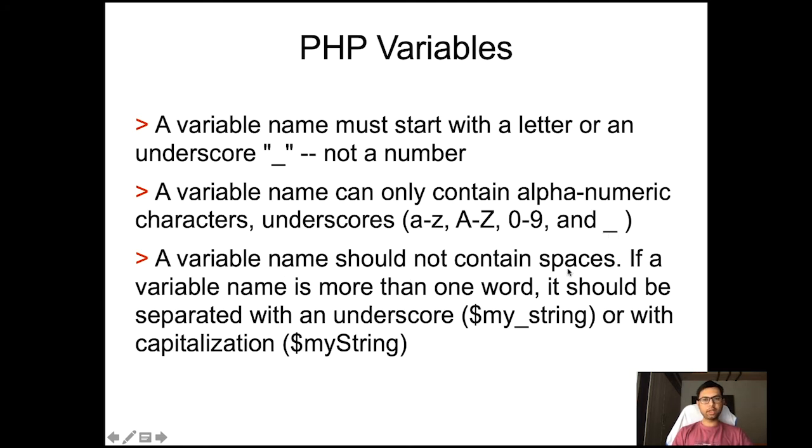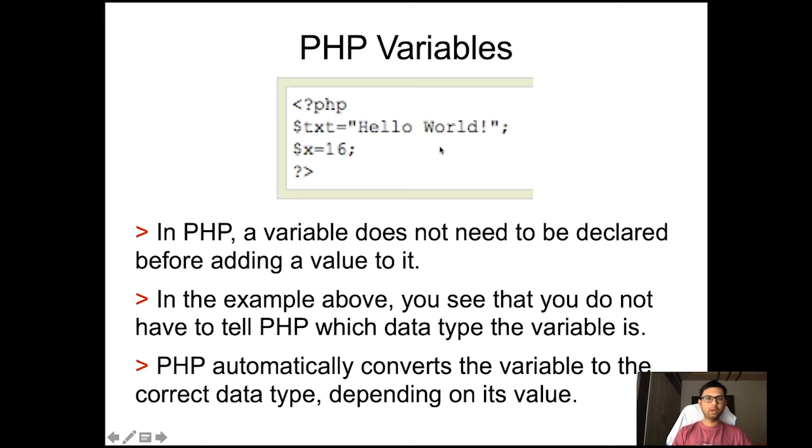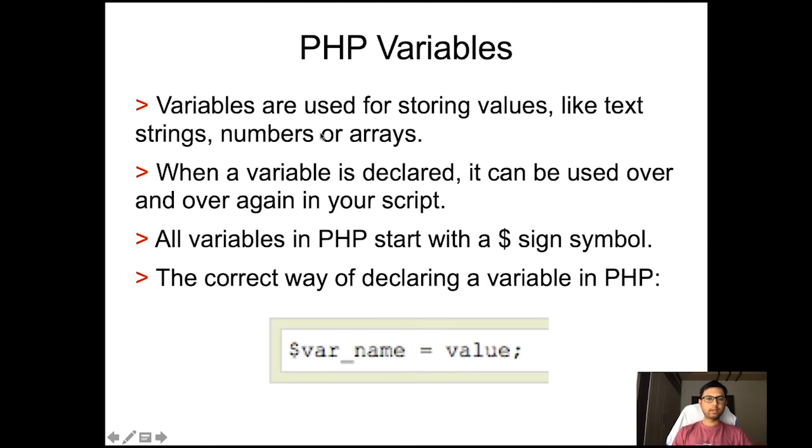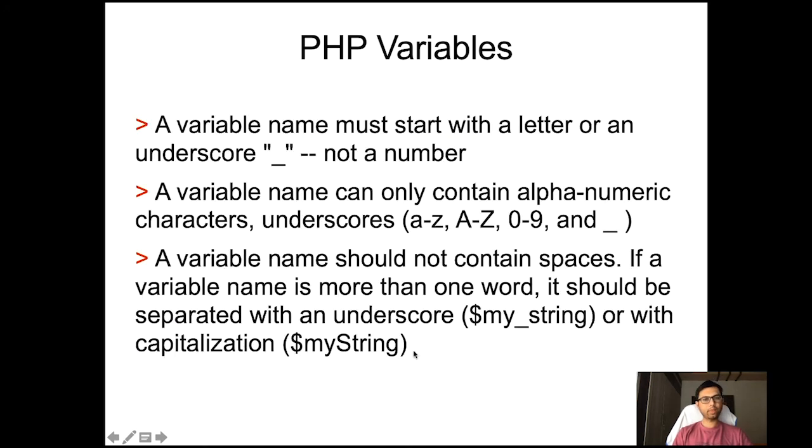A variable name should not contain spaces. That means you cannot write it like this with a space in the name, but instead write it with an underscore. These are common rules which are followed by many languages.